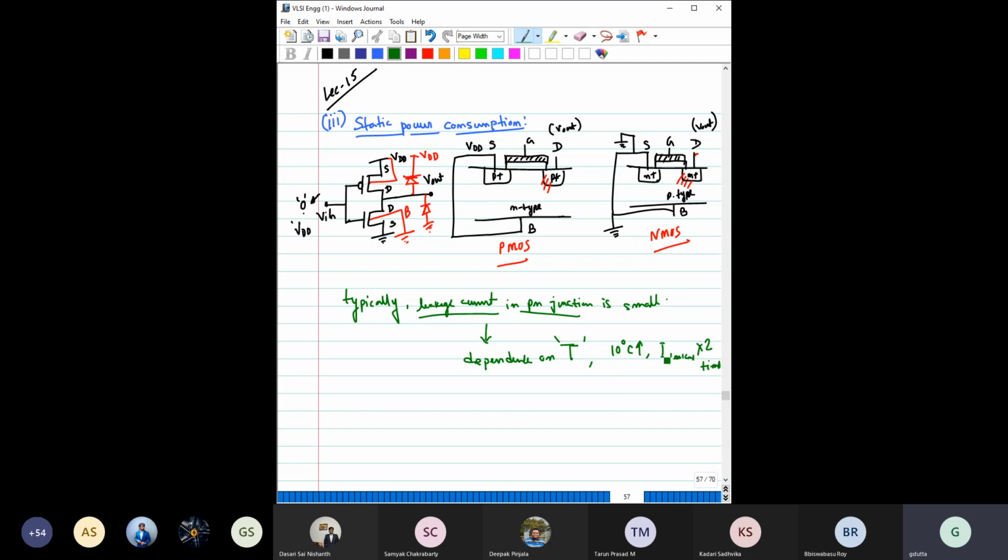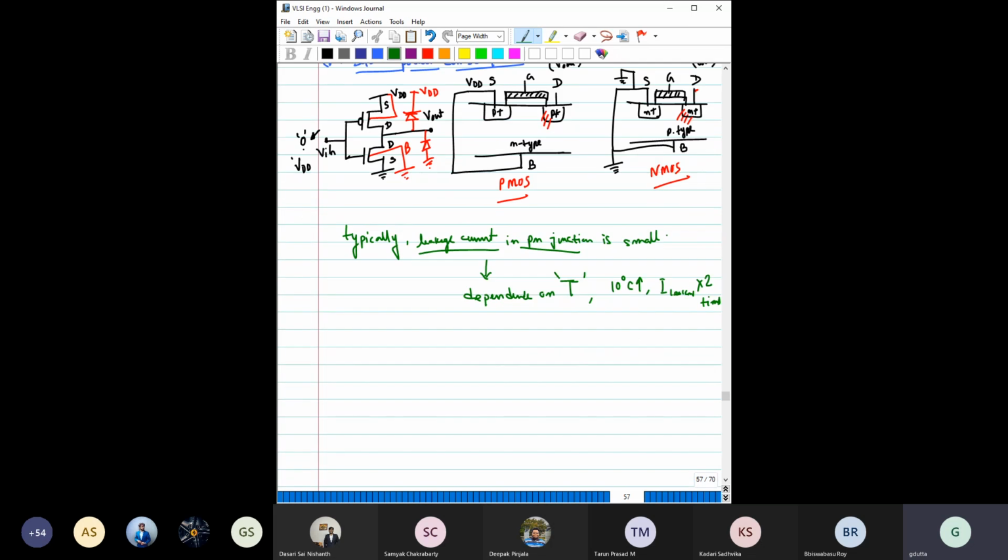So at elevated temperature, this leakage current would be an issue, right? At room temperature, probably you can neglect the power dissipation, but at elevated temperature, you should consider the power dissipation because of this junction leakage, right?